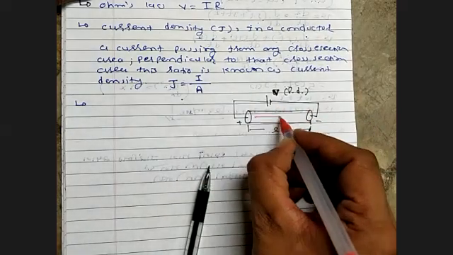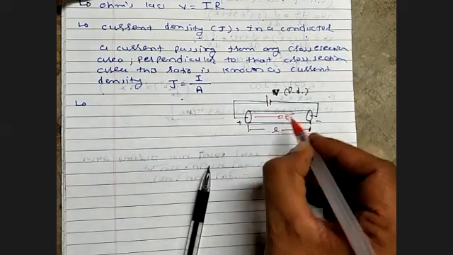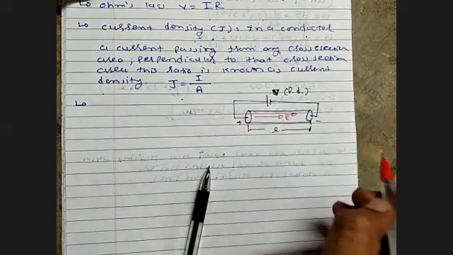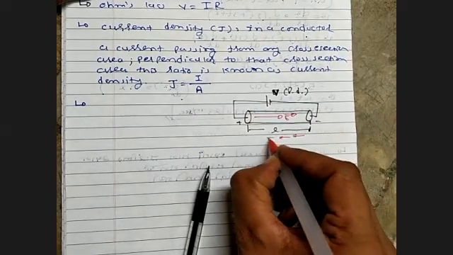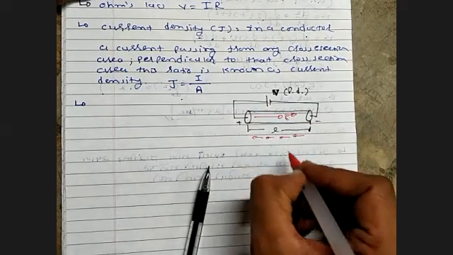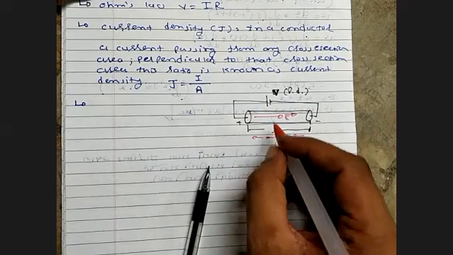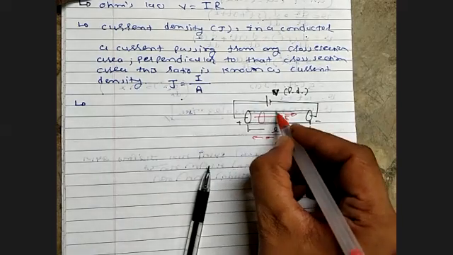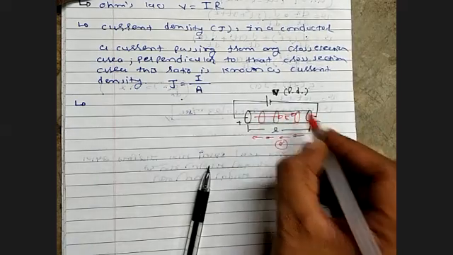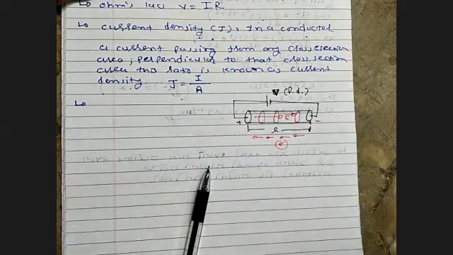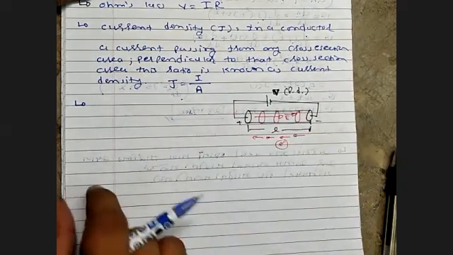And the electric field, as you see, is from the positive to the negative side, and the motion of electron is from the negative to the positive side. Motion of electron is from this direction, and there is the cross section. This is the way to understand the diagram.